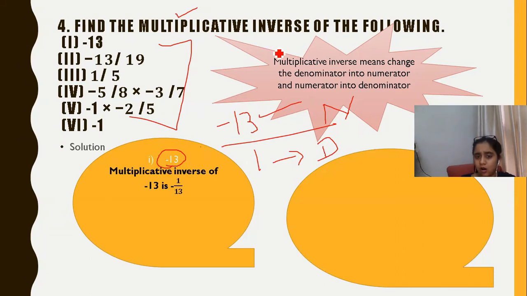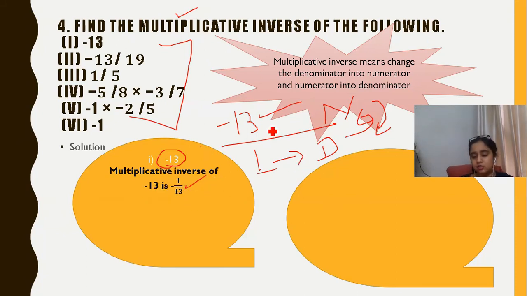So if I want to find the multiplicative inverse of minus 13 upon 1, I just change the value of the denominator into the numerator and the numerator into the denominator. I will just shift these numbers with each other. So my answer is, the multiplicative inverse of minus 13 is minus 1 upon 13.